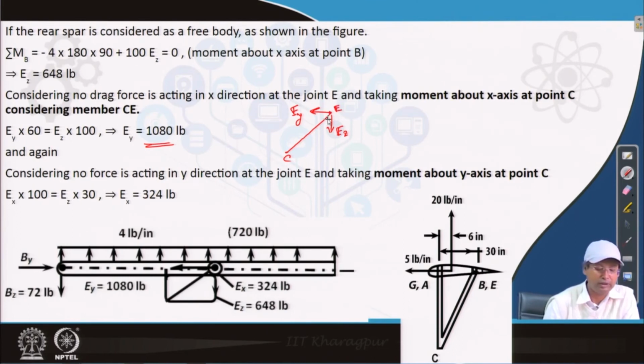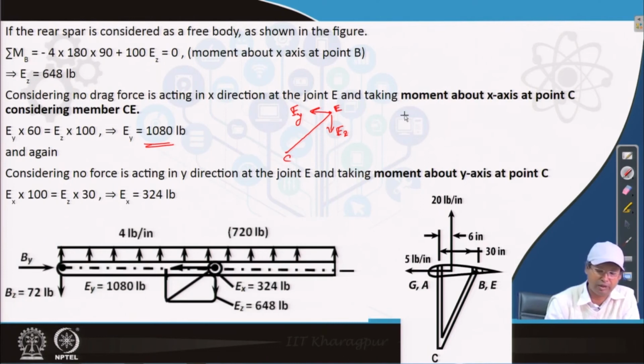And again, considering no force is acting in y direction at the joint E and taking moment about y axis at point C, we can find out that E x multiplied by 100 in the other plane, E x multiplied by 100 and E z multiplied by 30, and we get the E x value.